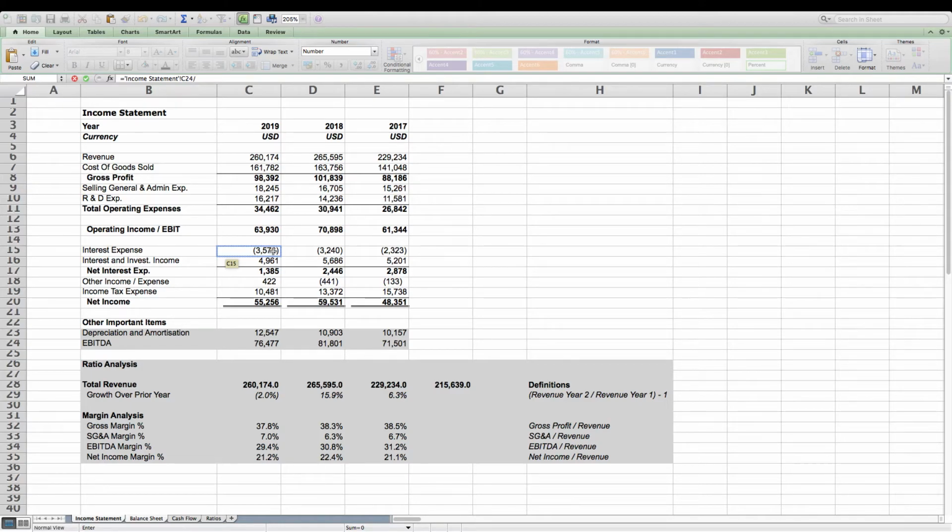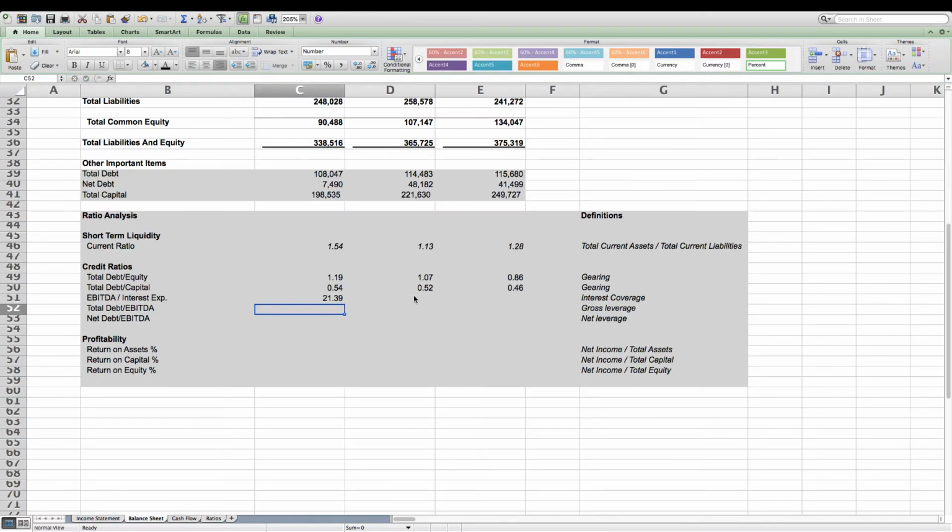Now this is the reason for it, because when we calculate the interest coverage ratio, we need the EBITDA and we need to divide it by the interest expense. So I'm going to take the interest expense, I'm going to take the negative of this number. So when we do this, we get 21.39 times.